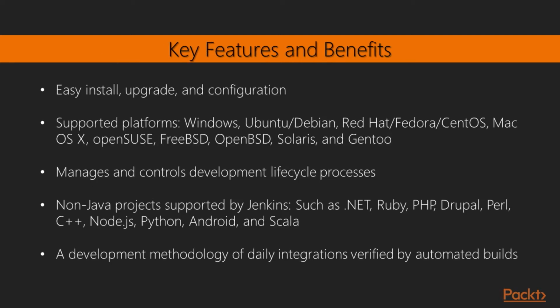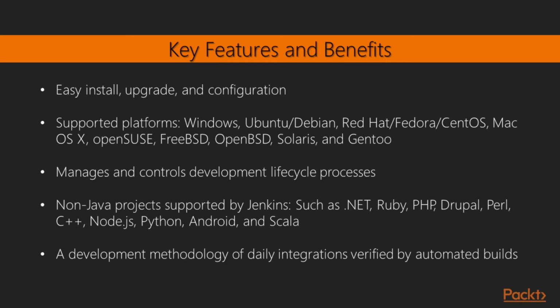Key features and benefits. Here are some striking benefits of Jenkins. Easy install, upgrade and configuration. Supported platforms: Windows, Ubuntu, Debian, Red Hat, Fedora, CentOS, Mac OS X, OpenSUSE, FreeBSD, OpenBSD, Solaris, and Gentoo. Manages and controls development lifecycle processes.